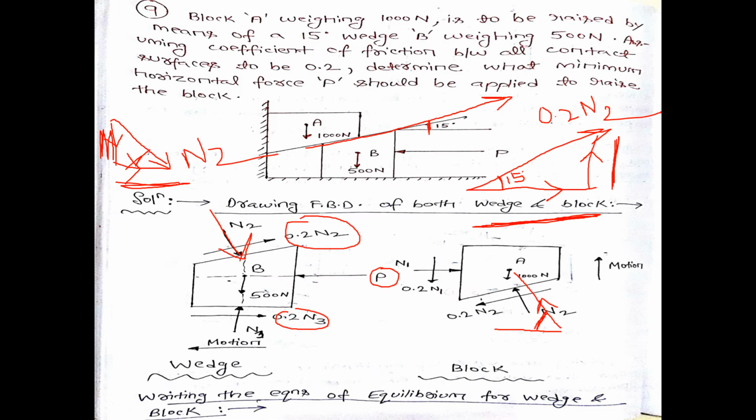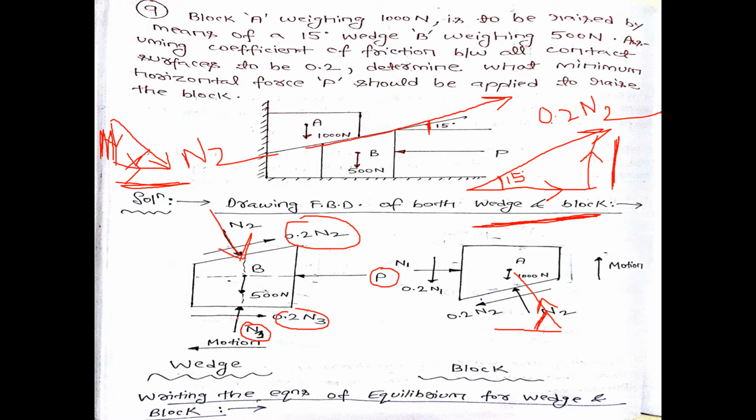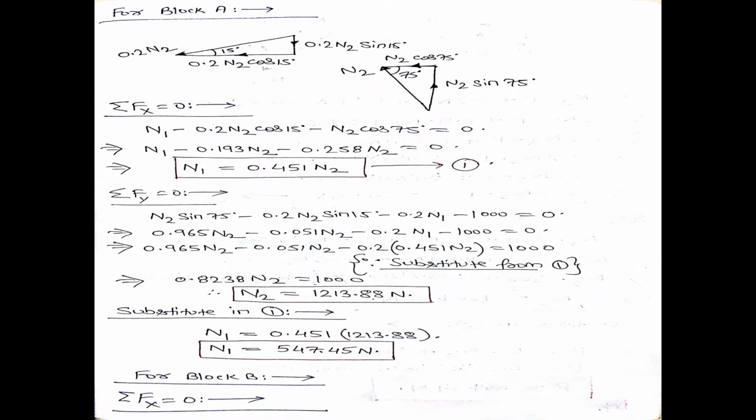If I write summation Fy equal to 0, that means I can write plus N3 minus 5000 Newton minus N2 sin 75 plus 0.2 N2 sin 15 equal to 0. Okay, so just substitute the values.